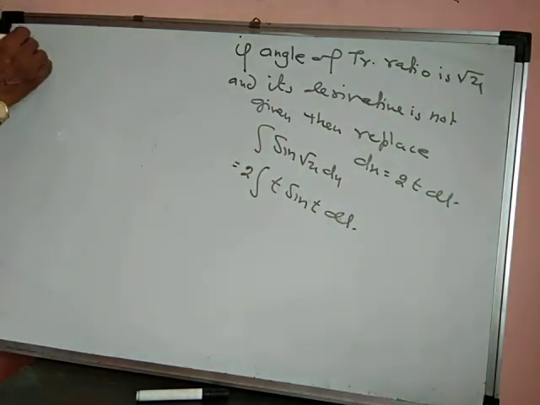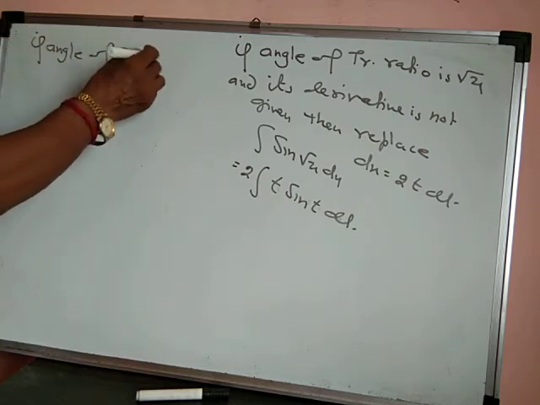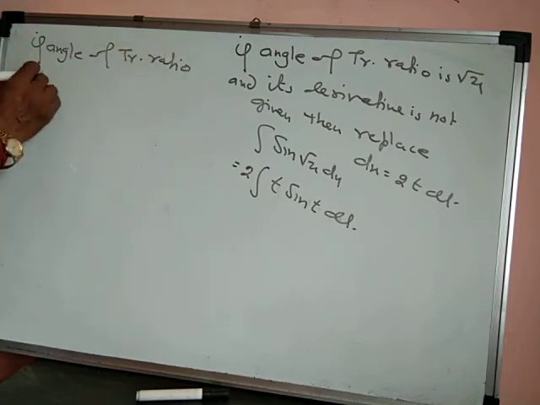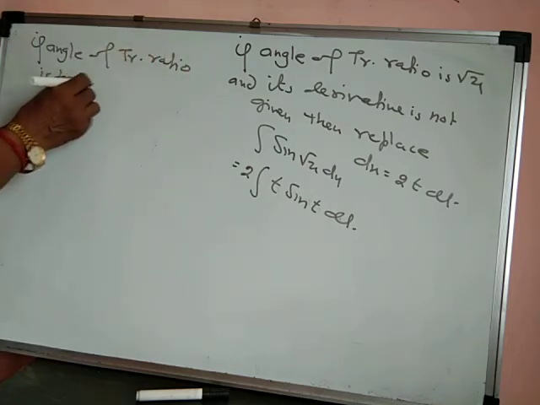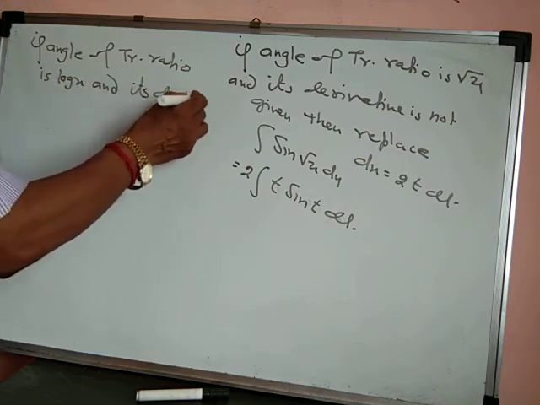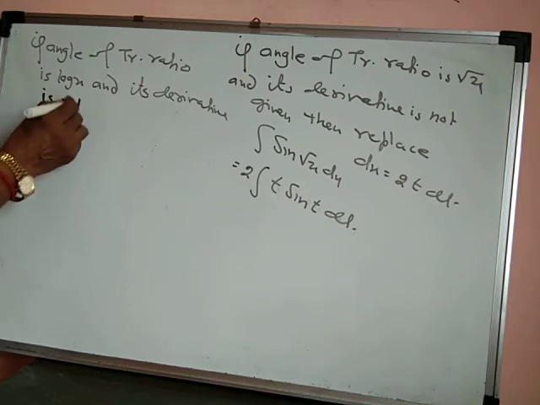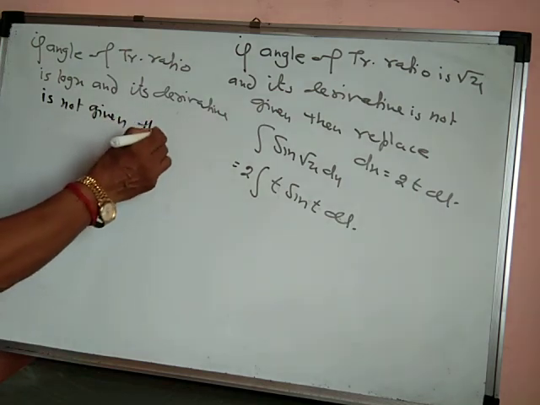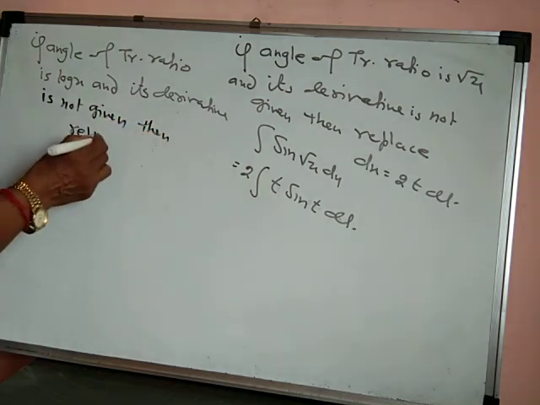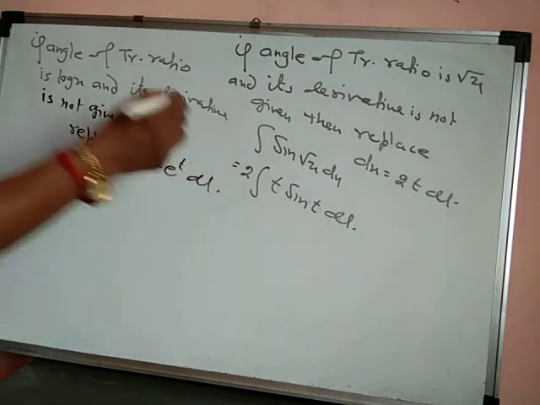Similarly, if the angle of a trigonometric ratio is log x and its derivative is not given, then replace dx by e raised to t dt.